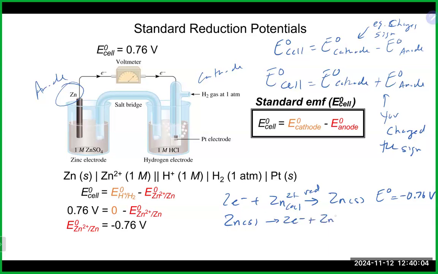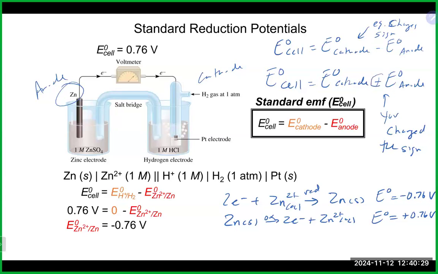When you take one of these SRP reactions and reverse it, technically the sign changes. So instead of minus 0.76 volts, the oxidation reaction would have an E value, sometimes referred to as standard oxidation potential, of plus 0.76. That is what I'm talking about here.